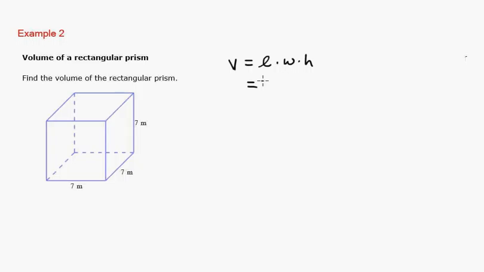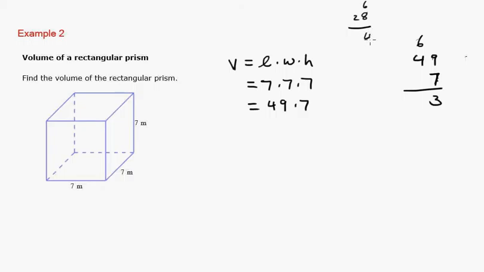So it's just 7 times 7 times 7. So 7 times 7 is 49. So 49 times 7. So 7 times 9 is 63. 7 times 4 is 28. Plus 6 is 34.